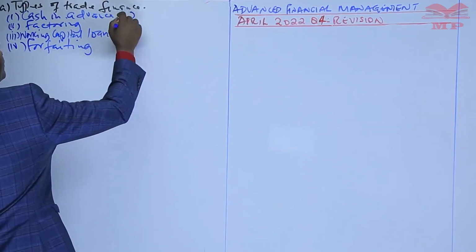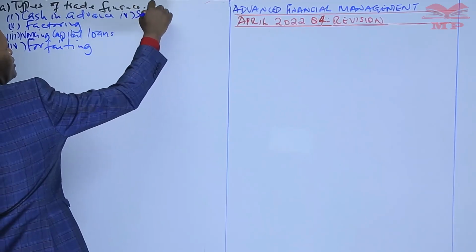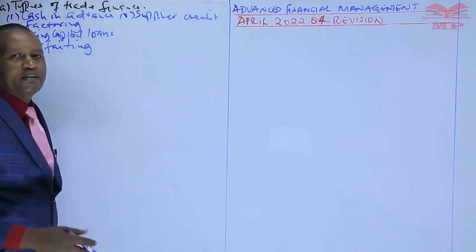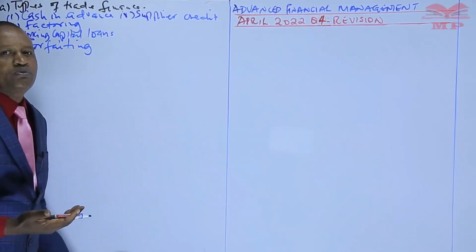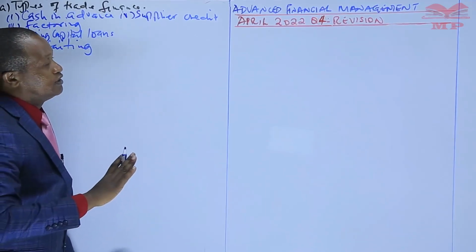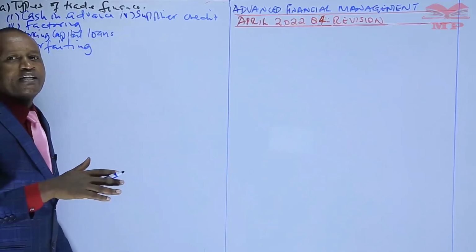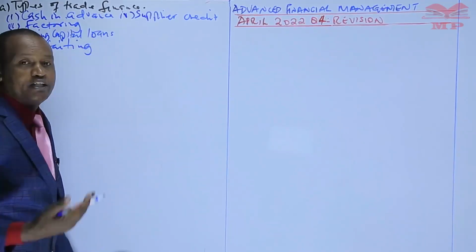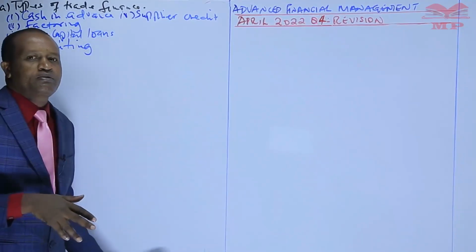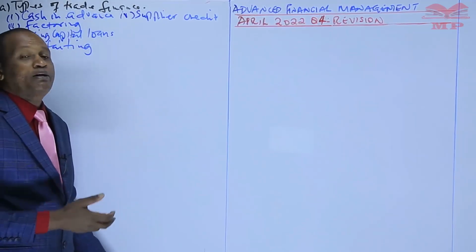Number 5, supplier credit. Now, supplier credit is another form of trade finance, and supplier credits are the most commonly used method of trade finance, mainly for the shorter periods, but to a lesser degree also to the short-term periods.